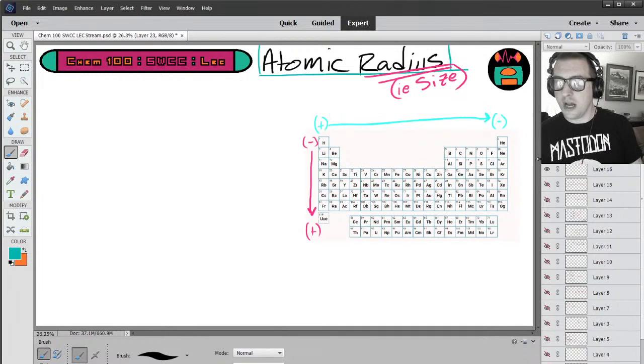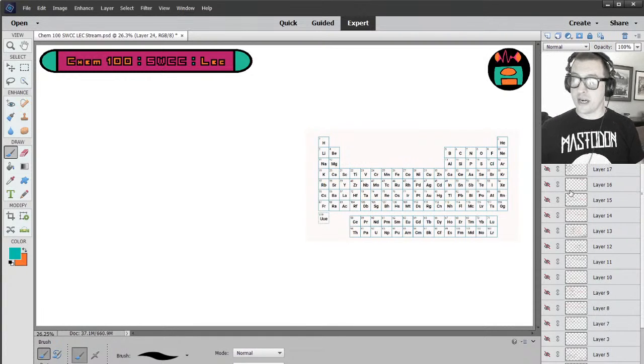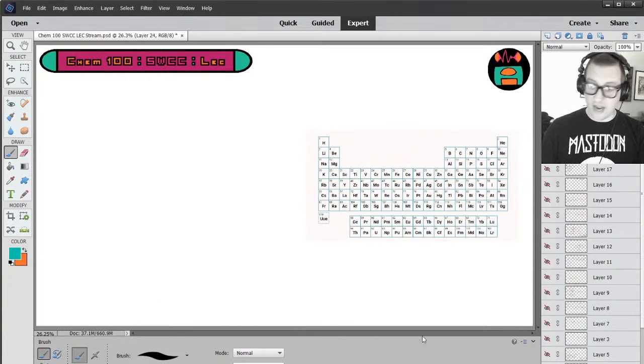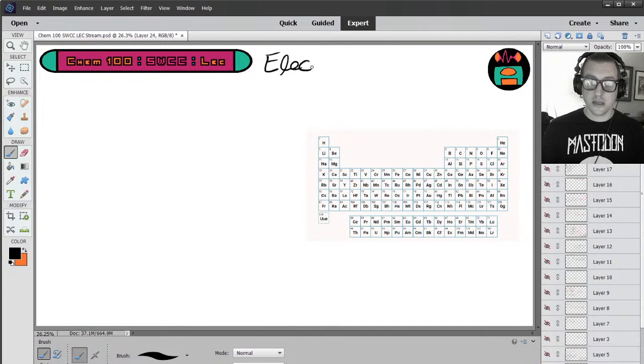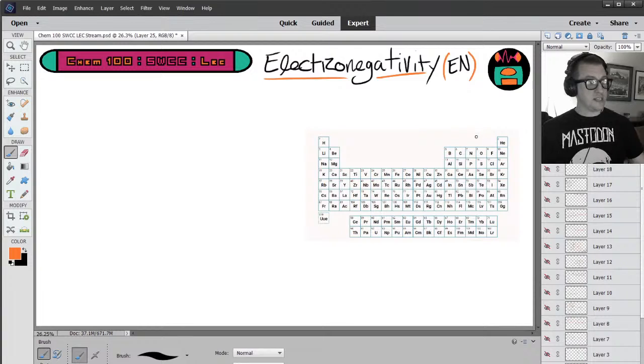All right. So atomic radius, this brings to conclusion our discussion of atomic radius. We only have one final topic to discuss in this chapter, and that is something called electronegativity, which I will abbreviate as EN from here on out, mostly because it's such a long word to have to write over and over.